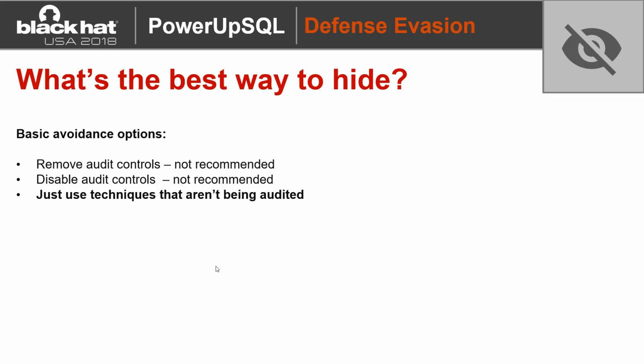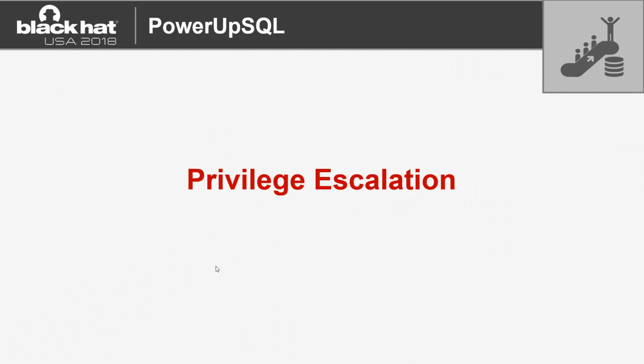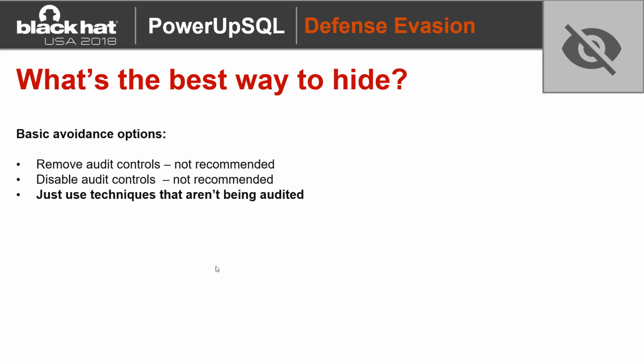The removal or disabling themselves can result in an alert that is higher suspicion than even the actions you'd be taking. So generally, try to get a list of everything they're auditing and use techniques that they're not keeping an eye on. That's the summary. I go into that a little more in the DerbyCon talk from 2017 if you are interested.